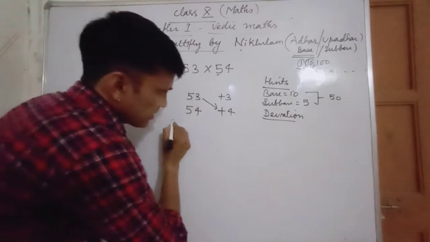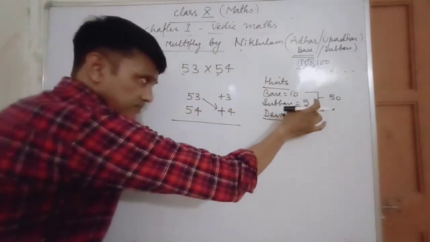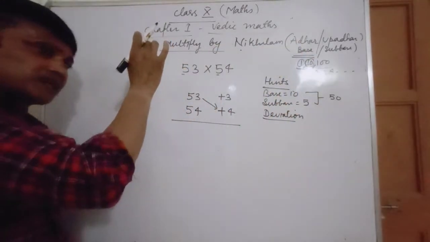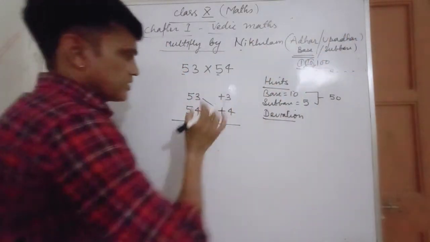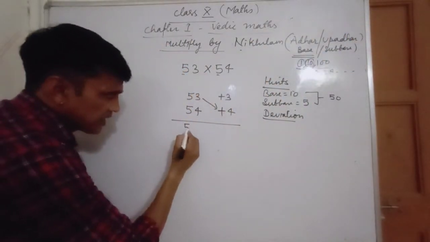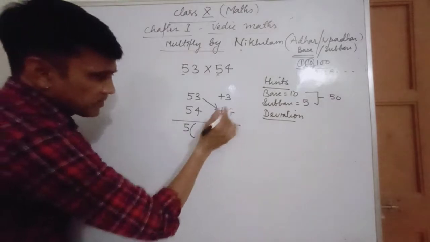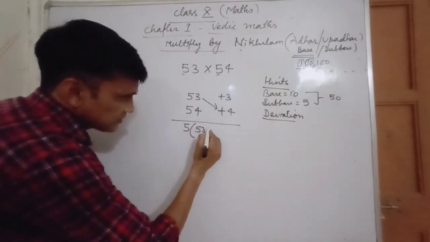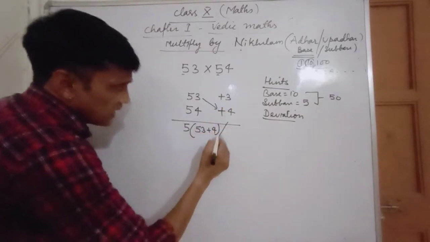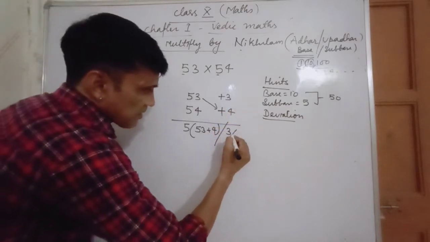Add this one. See here, if you are solving by Nikhilam method with sub-base, write sub-base here, 5. 53 plus 4, and 3 4s are 12.